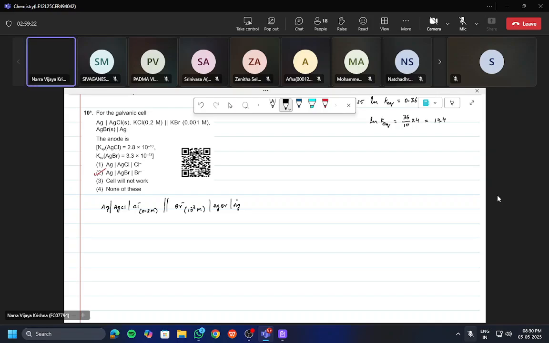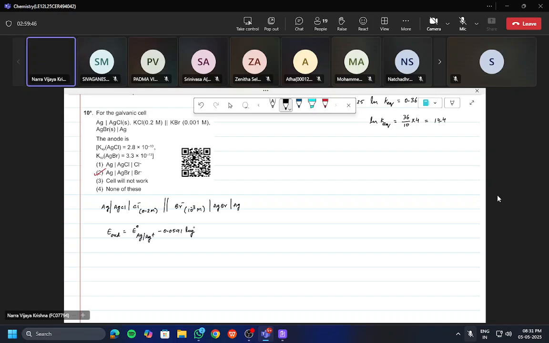For anode, what will you write? E oxidation equal to E naught of Ag to Ag plus, minus 0.0591 log.